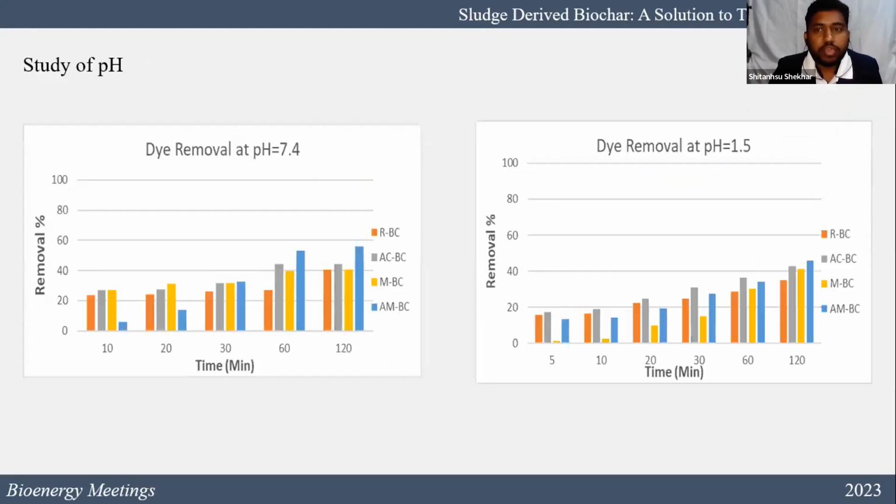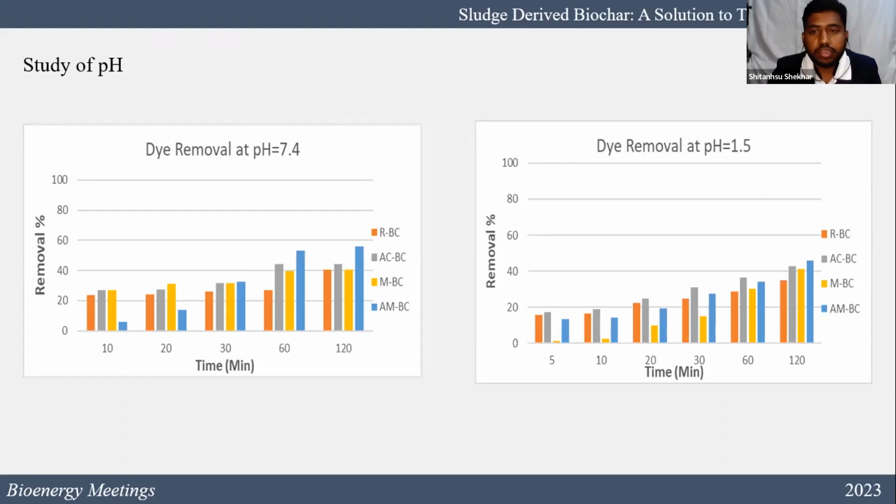Then the study of pH. Dyes are of many kinds, some acidic dye, some basic dye, so we need to study pH also, to see at what pH the maximum removal is reflected. I worked at two pH values, 7.4 and 1.5.